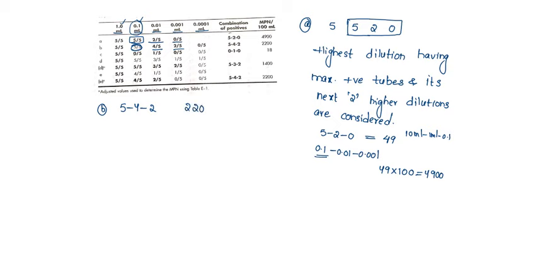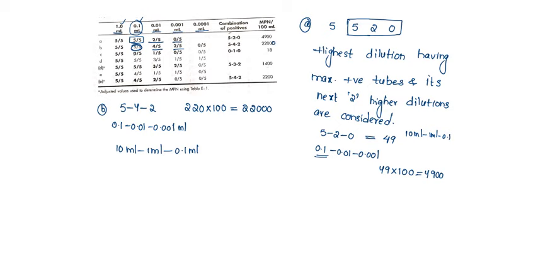To obtain the standard dilution 10 ml, 1 ml and 0.1 ml, our actual one should be multiplied with 100. So multiplying it with 100, it will be 22,000.